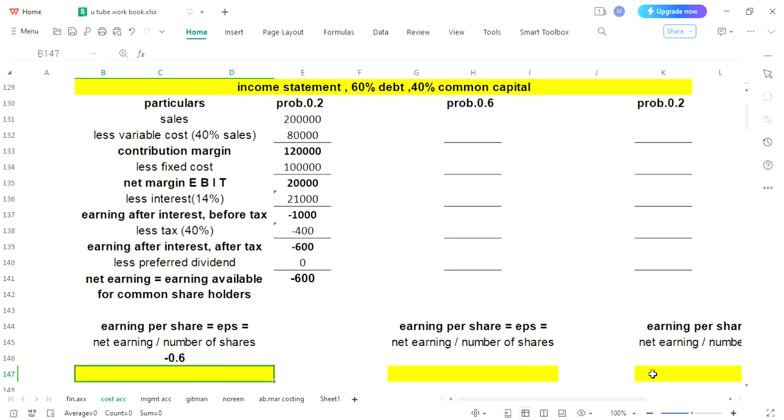So for the first time we have got a negative earning per share, which is minus 0.06. So it means we have completed our first case, when the probability was 0.2.